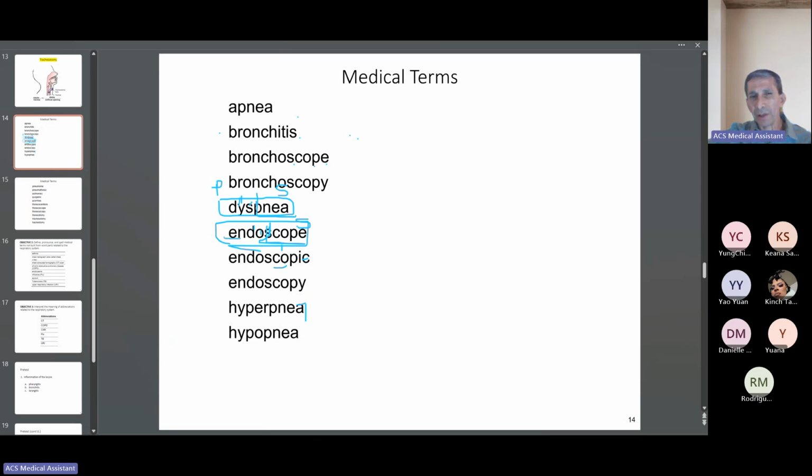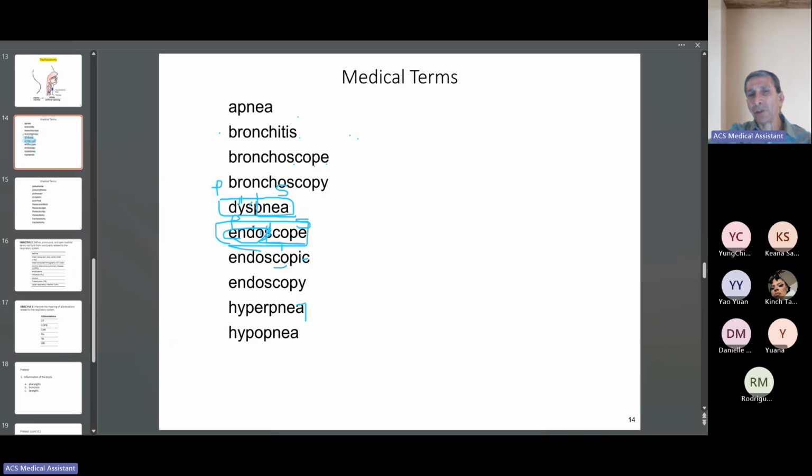Endo, the entire word, is the prefix. We don't have a combining vowel there. You don't have combining vowels connecting the prefix to the suffix. It is between word roots, and the word root and the suffix. So in this case, endo is the whole word. We're not adding the O at the end. No, it's endo.